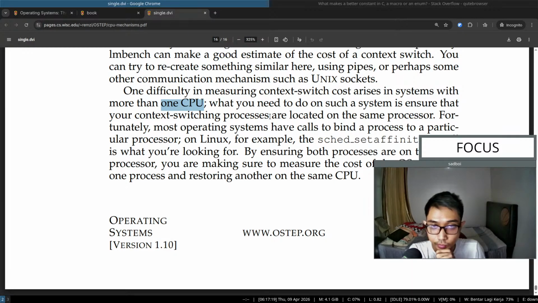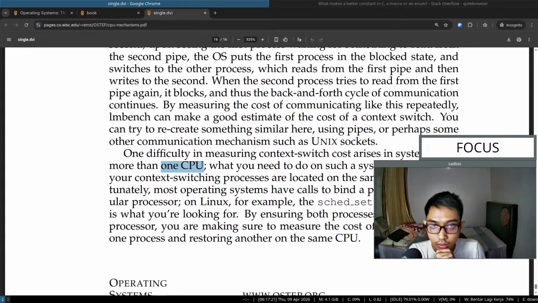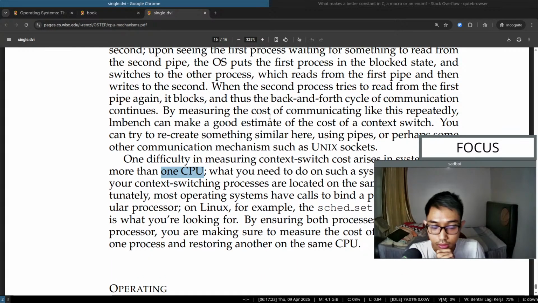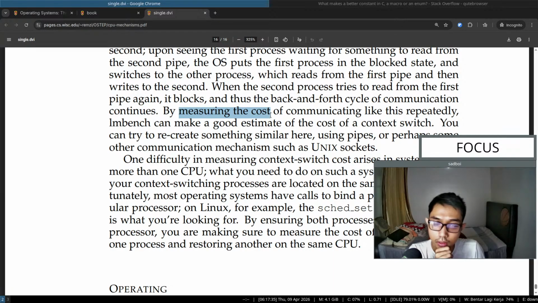Again, how do we measure this? Are we just using the same thing but, what is it called?